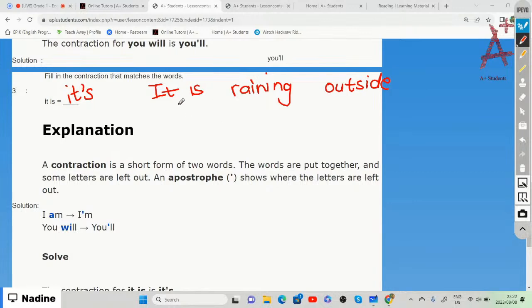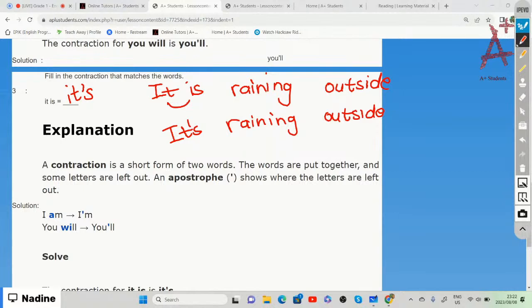So if we were to shorten these two words, or to find the contraction of the words it is, then we will say it's, it, apostrophe, S. It's raining outside.